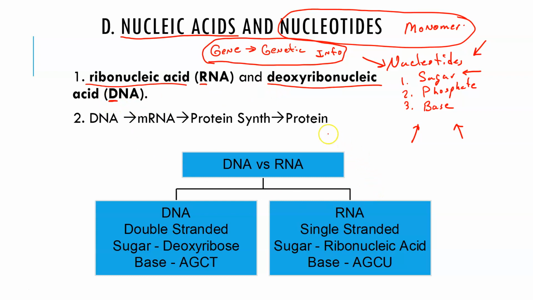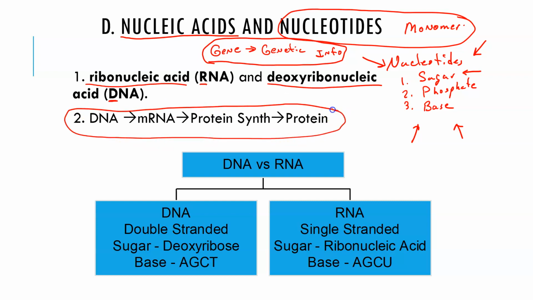And as I mentioned, later on we're going to go through this whole process on how your body eventually takes this genetic information and builds a protein through a process known as protein synthesis. So that's going to be in the future. Not going to get to it today, but this molecule will come back again.